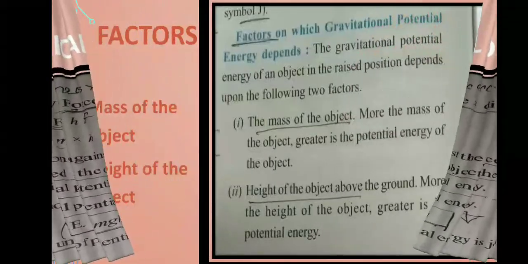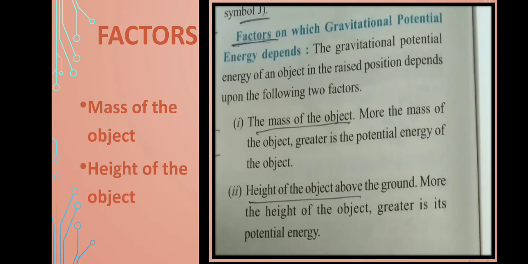Now we will discuss the factors on which gravitational potential energy depends. As we know, the formula for it is potential energy is equal to mgh. So factors on which gravitational potential energy of an object depends are: number one, mass of the object.